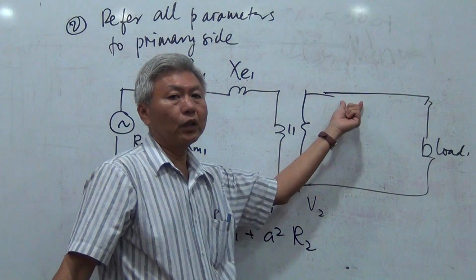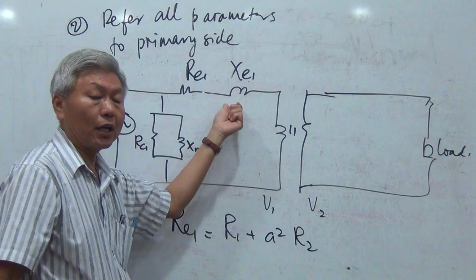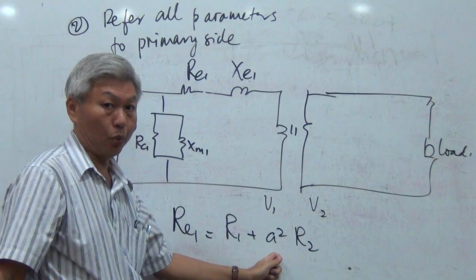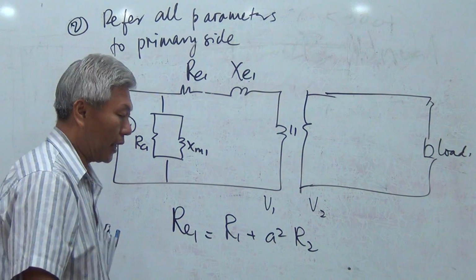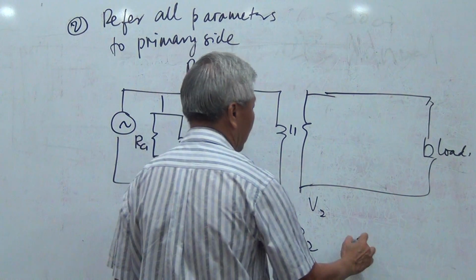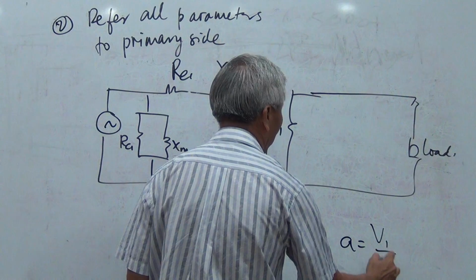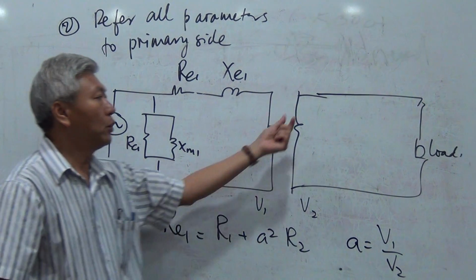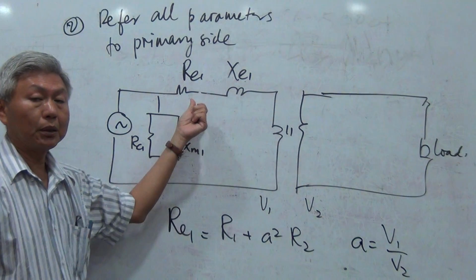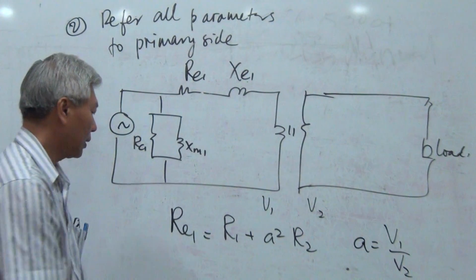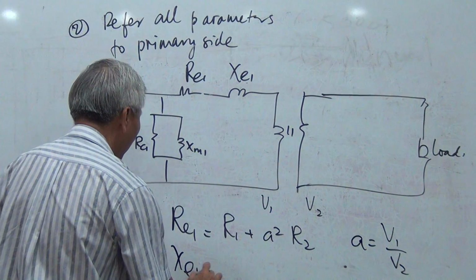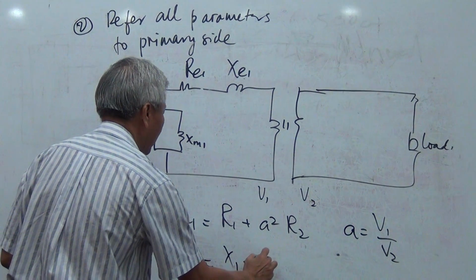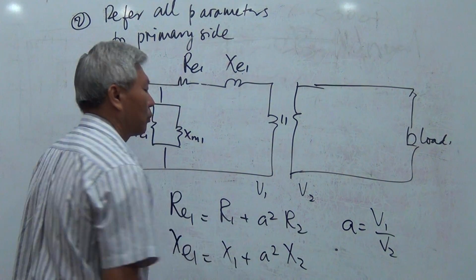For you to bring over R2 to the primary side, you have to adjust it by multiplying by A square. Okay, and what is A? If you can still remember, A is the turn ratio, V1 over V2. So when you bring over R2, you must multiply by A square. Likewise, XE1 is equal to X1 plus A square X2.